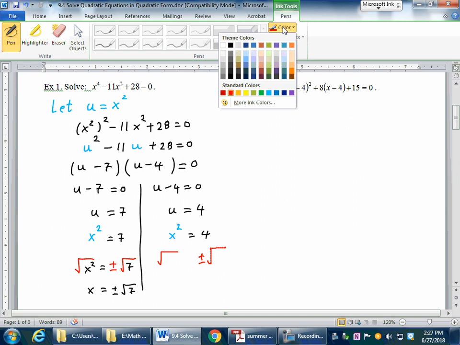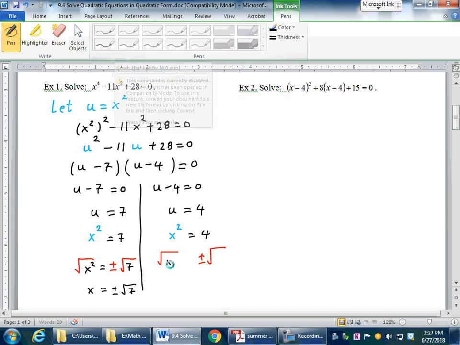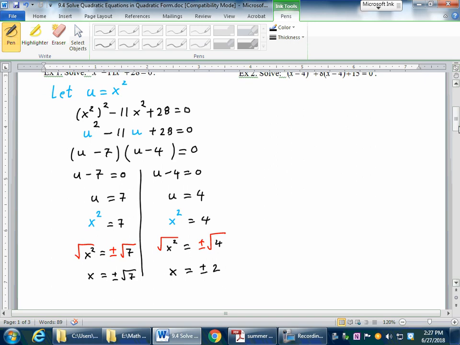So the square root of x squared is equal to plus or minus square root of 4. So therefore x is equal to plus or minus 2. Now we have a total of 4 solutions, which are negative square root of 7, negative 2, 2, and square root of 7. And this will be my final answer.